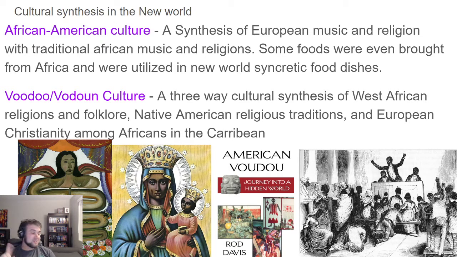Something that I think is just super cool is Voodoo, also called Vodoun culture, and it's a three-way cultural synthesis of West African religions, Native American religions, and European Christianity, and it's widely practiced in the Caribbean, especially if you go to Jamaica and some of those islands. You know, like the voodoo dolls, and it's cool stuff. So American voodoo, new religions happening in the New World.